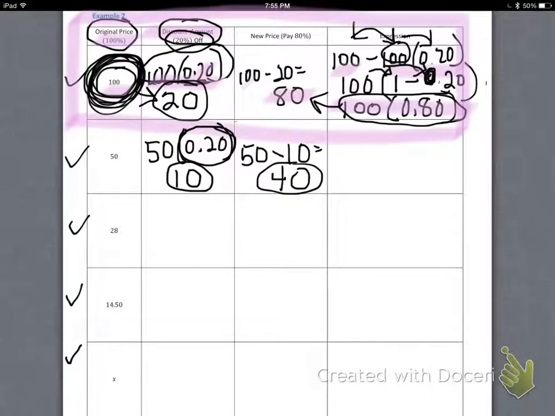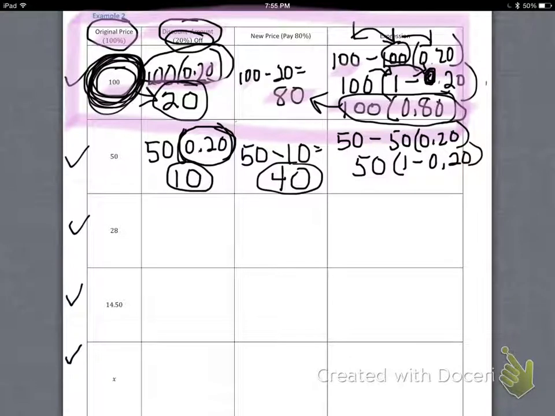To create an expression, just like we did up top, have your original price, subtract away your discount, which was 50 times 0.20. Put this all together, so we have 50 times 1 minus 0.20, which is 50, of course, times 0.80.